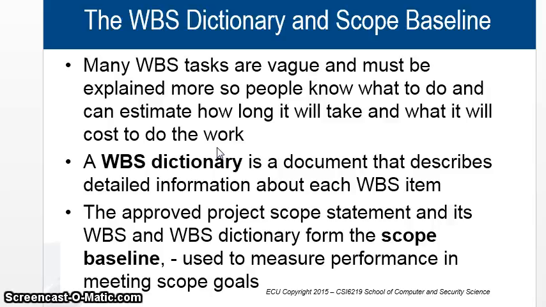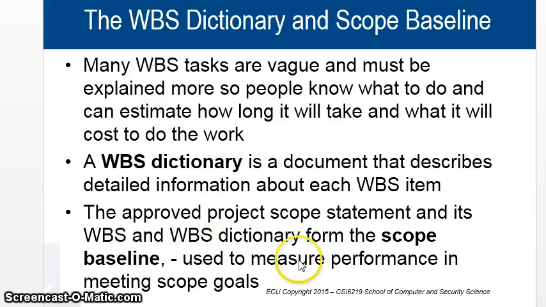So a dictionary is a document that describes detailed information about each WBS item, as I showed you. The approved scope statement, the work breakdown structure, and the WBS dictionary form the scope baseline.